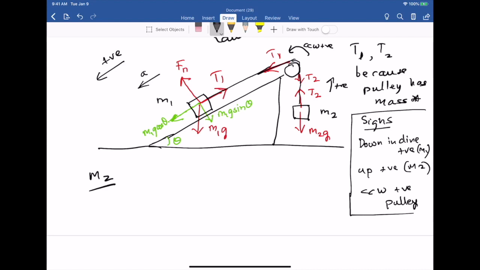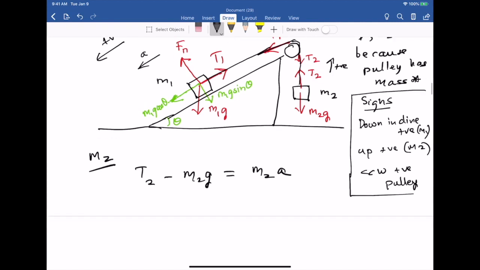For m2, net force would be, according to our sign convention, T2 minus m2g is equal to m2 times a. That's the equation for Newton's second law for m2. What are the unknowns that we have here? T1 and T2 are unknown, and a is what we are looking for. So we've got three unknowns, so we are going to need three equations to solve for three unknowns.